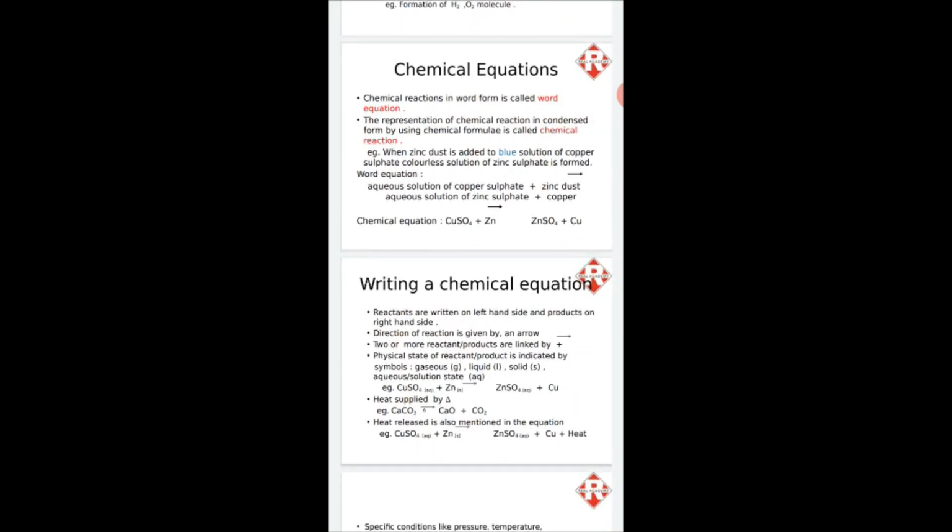CuSO4 is copper sulfate. Zinc and copper sulfate react with each other, and afterwards zinc sulfate is formed and copper is also formed.